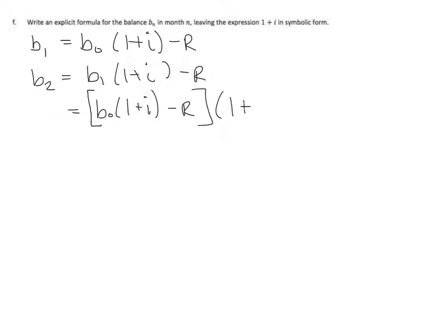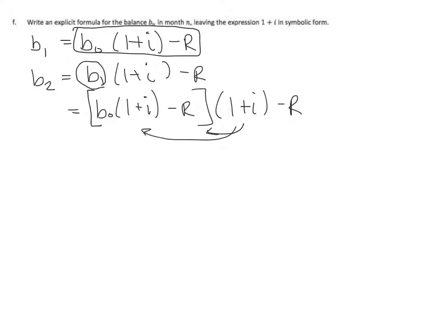I just replaced this value with that equation. All right, I need to distribute that. So that is b sub 0 times (1 plus i) squared minus r times (1 plus i) minus r. So that is b sub 2.